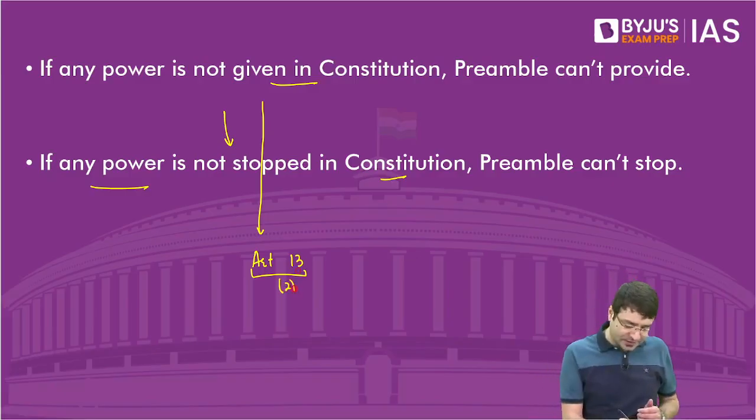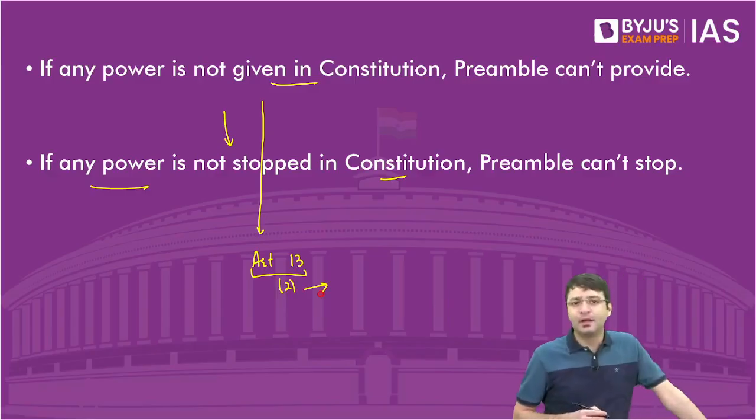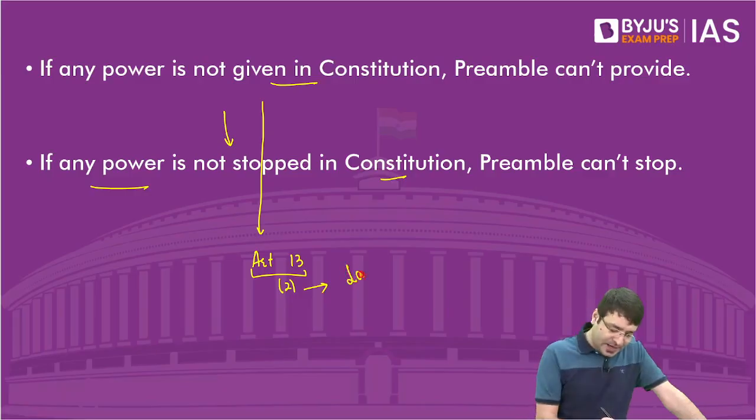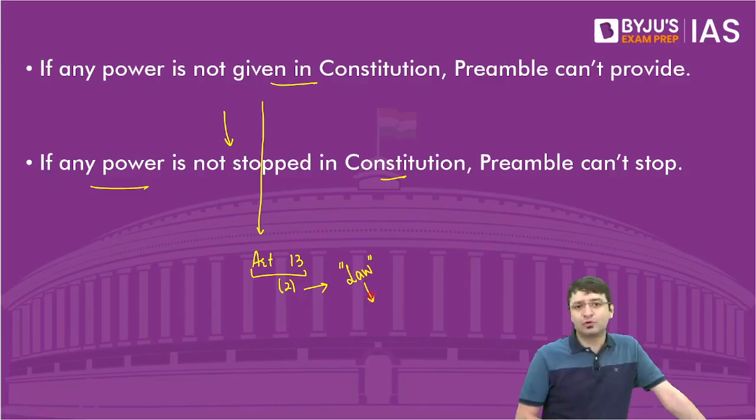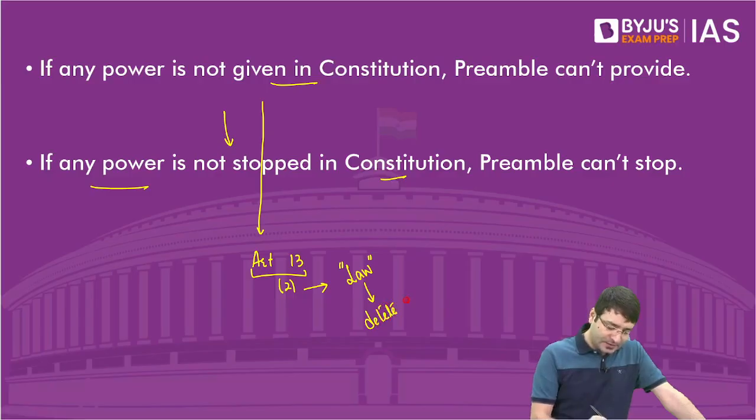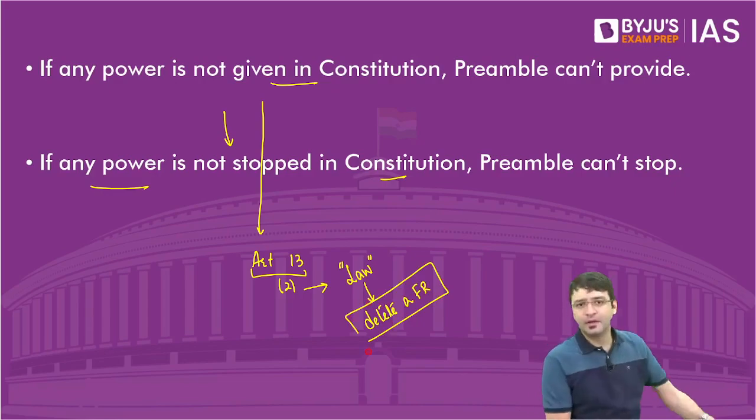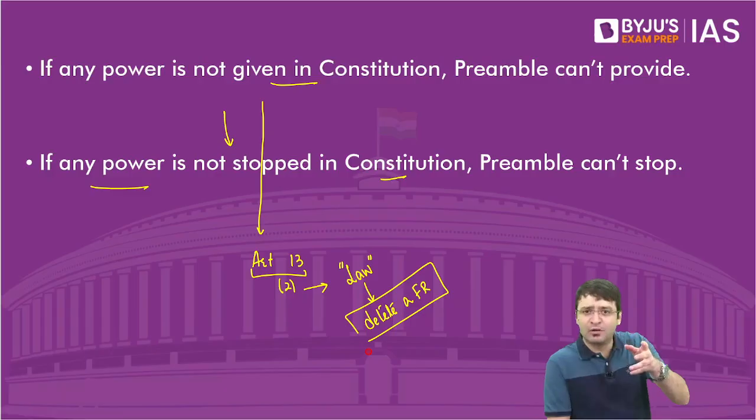Specifically, Article 13, Clause 2. What does Article 13, Clause 2 say? That state cannot pass any law through which it can delete, modify, abridge a fundamental right.